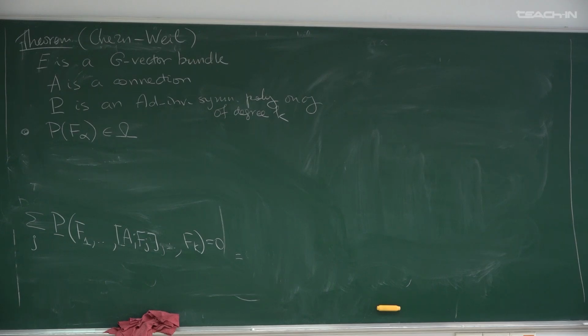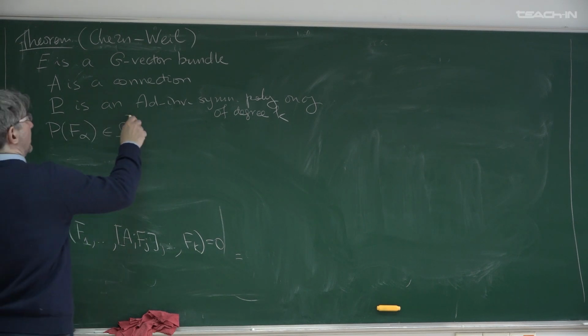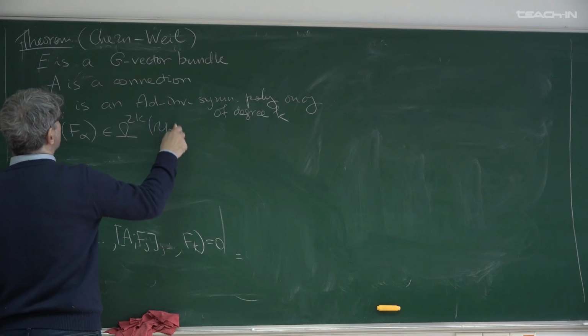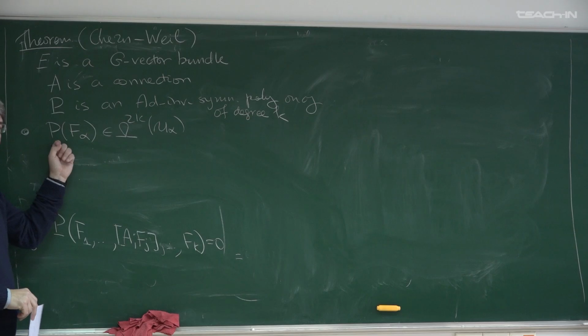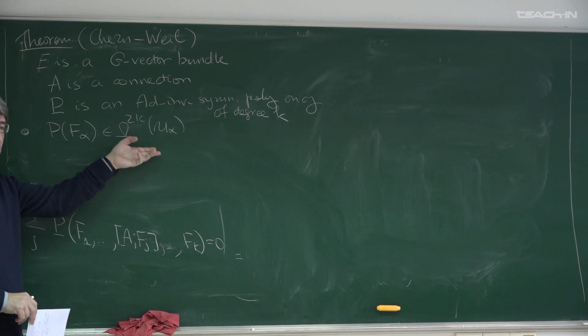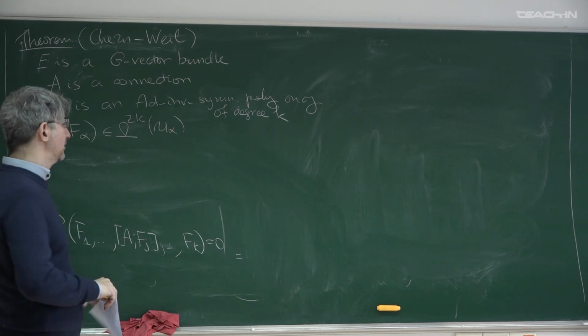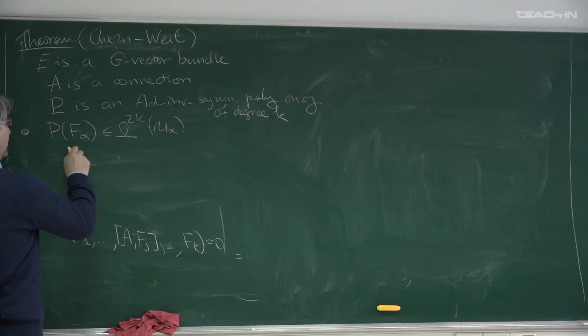If you put them outside, you repeat degree 2 k times. So this is a 2k form over U alpha with no Lie algebra appearing now, because the value of this thing is a number. So it's just a 2k form, and no Lie algebra here appears. So the claim is it is a global form.